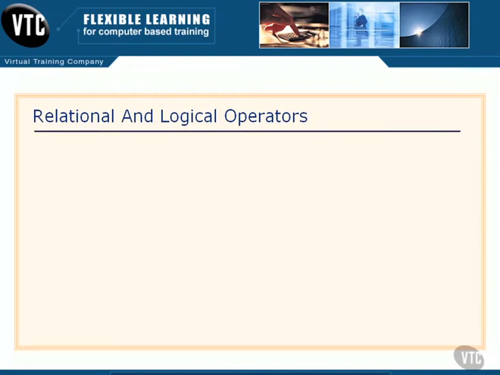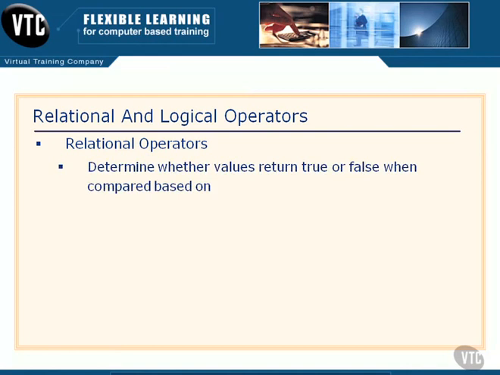Now let's take a look at relational first. When we're talking about relational operators, we're talking about an operator that determines whether values are going to return true or false when they're compared. Okay, now this means they're compared based on either equality, which notice is two equal signs.